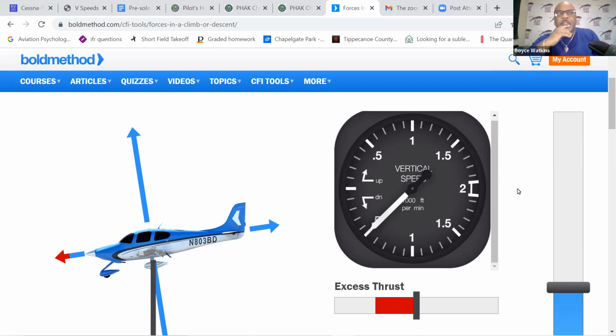Right. So can you remind me too, I was trying to think about carb heat. Is it when I want to descend that I pull the carb heat? You want to pull the carb heat when you're at a low RPM setting.